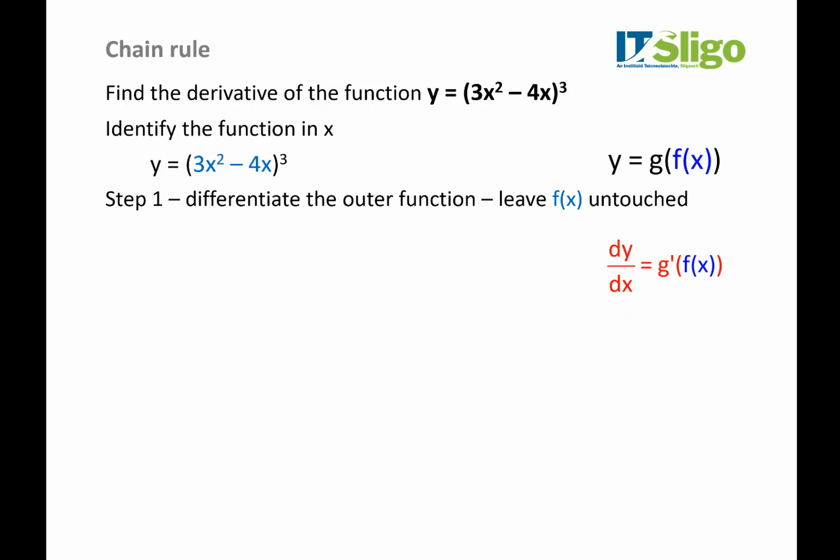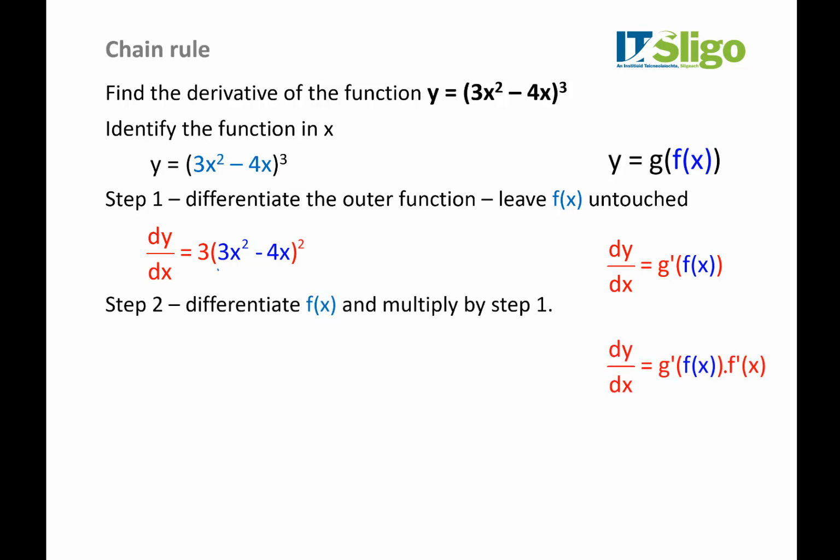So differentiate the outer function, like I said, the power. So the power comes down and we add -1 to the whole power. But notice how f(x) is still untouched. Now the next step is to differentiate this blue bit, just using the normal rules, and multiply it by step 1.